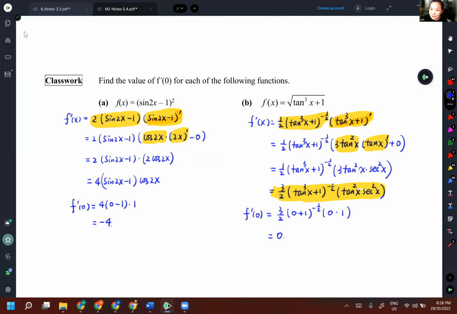Look at the next page. For you, it's the next page. No, the next file. The next file.